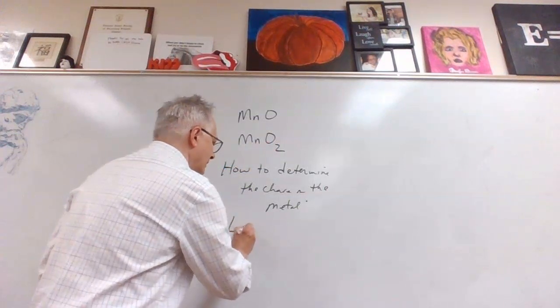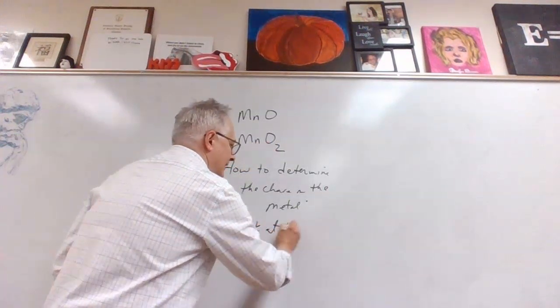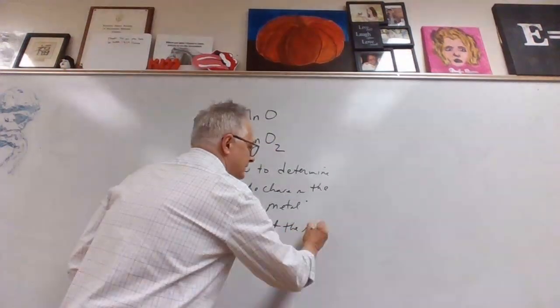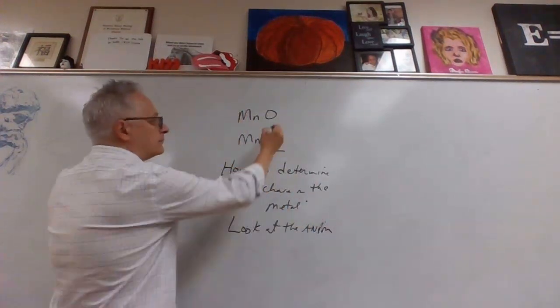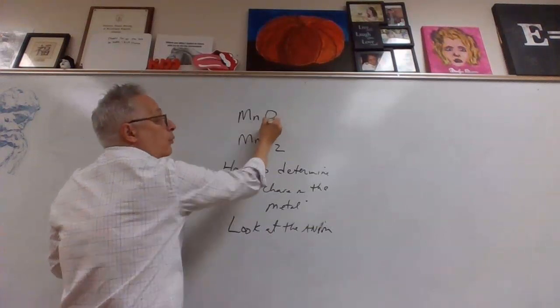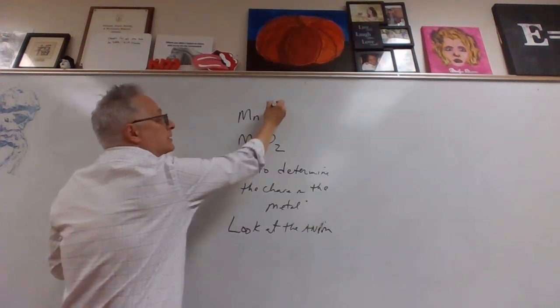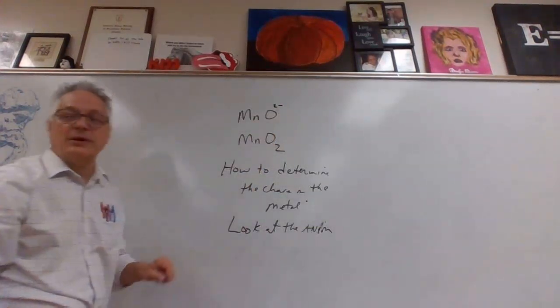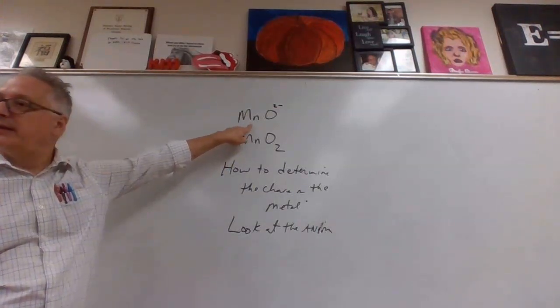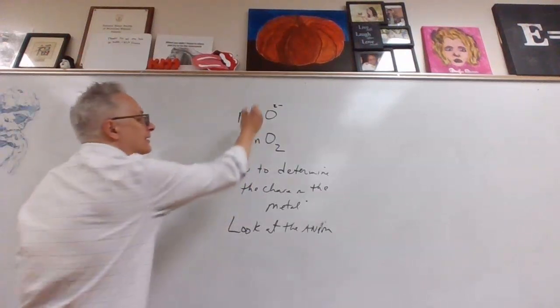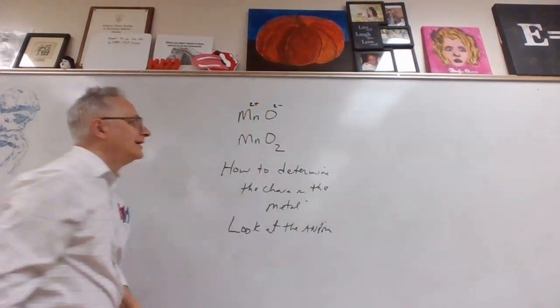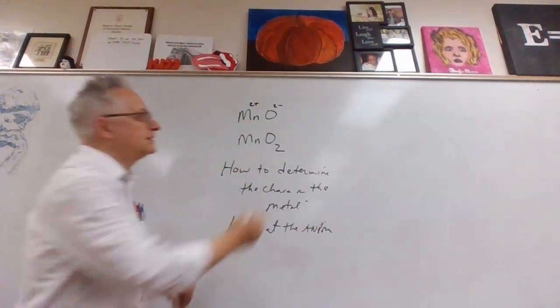So you look at the anion. That's the negatively charged anion. So I've got one oxide here, so that has to be a -2. So what does the manganese have to be to cancel that? +2. Perfect.